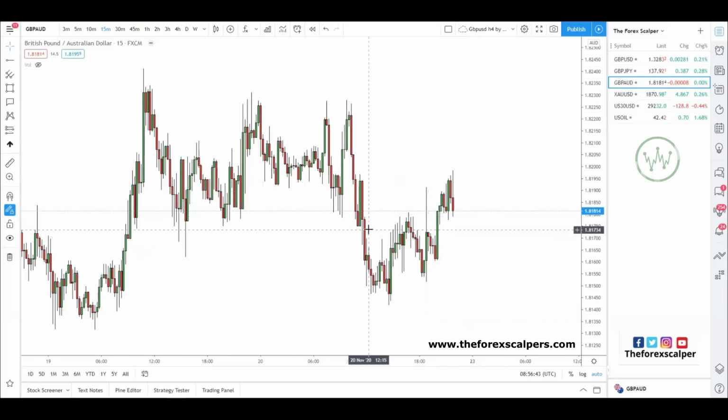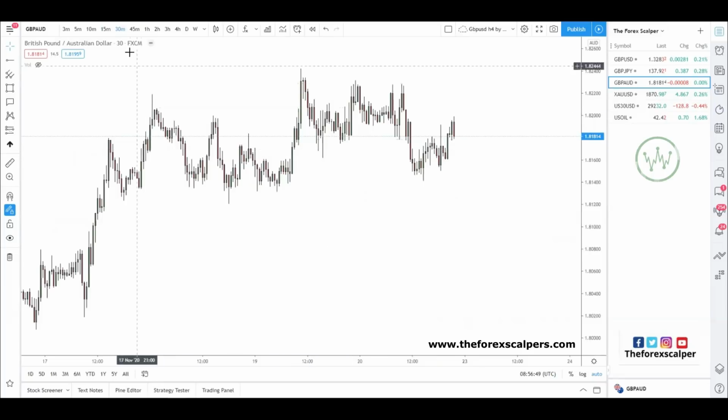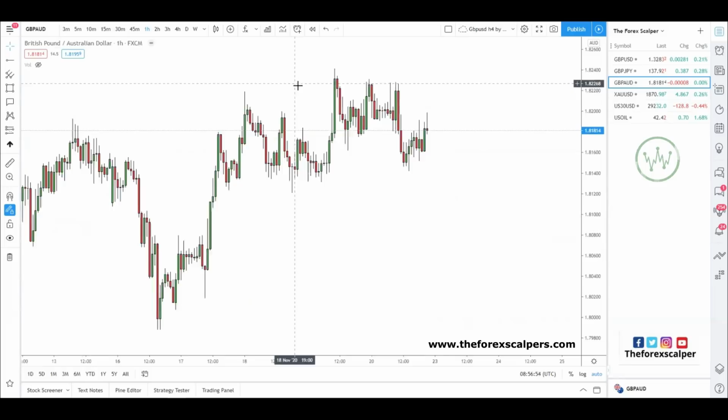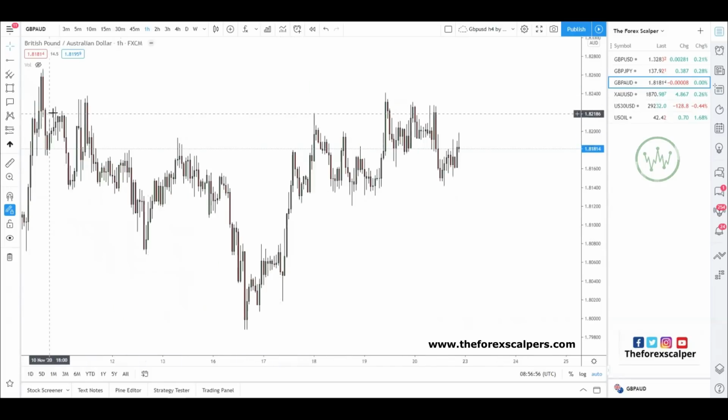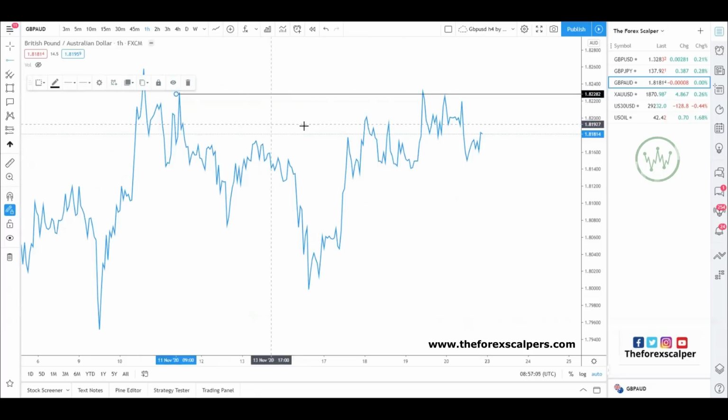Let me give you another example, the last one, to give you a good insight into proper risk management. Let me see. Let's move to the line charts and identify a couple of levels.